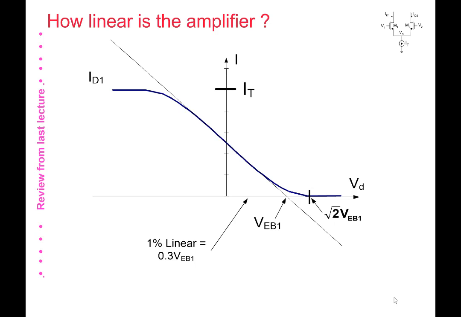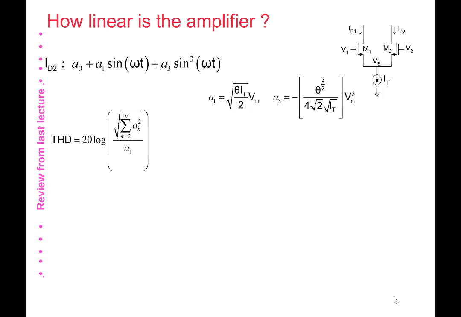So last time we looked at the linearity of the differential pair, the MOS device, and we saw that the signal swing was pretty much determined by V-excess bias. The linear characteristics were all proportional to V-excess bias. If you double V-excess bias, no matter what metric of linearity you get, you double that characteristic. We also calculated total harmonic distortion.